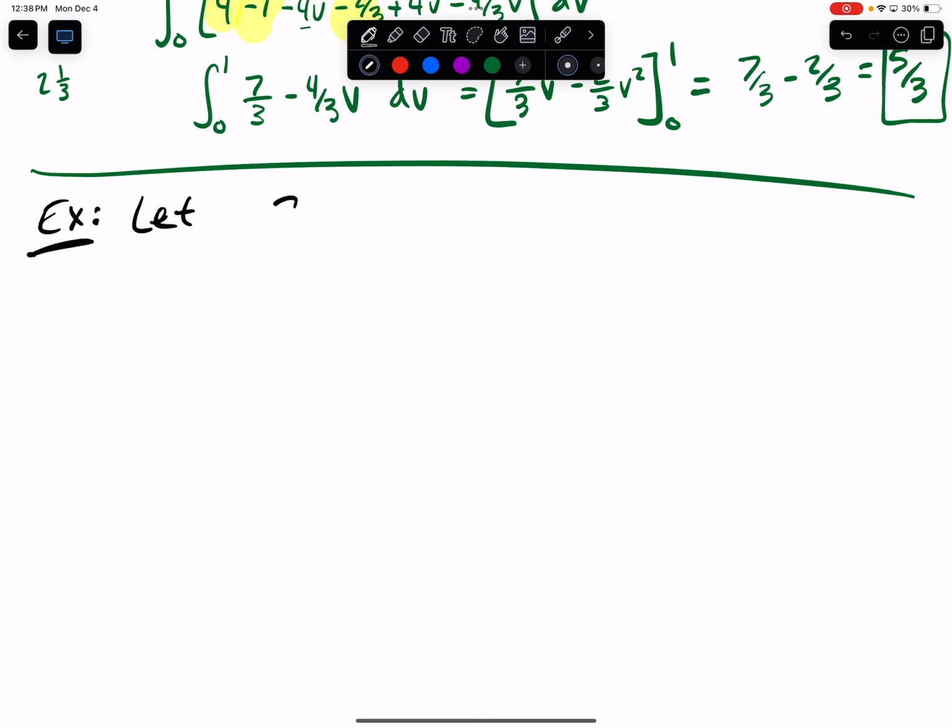Let S1 be the unit disk in the XY plane.